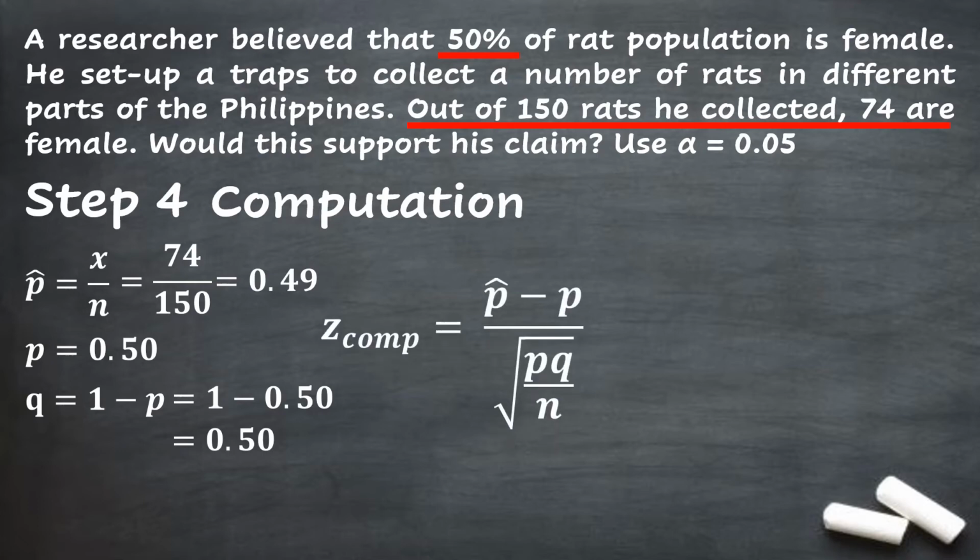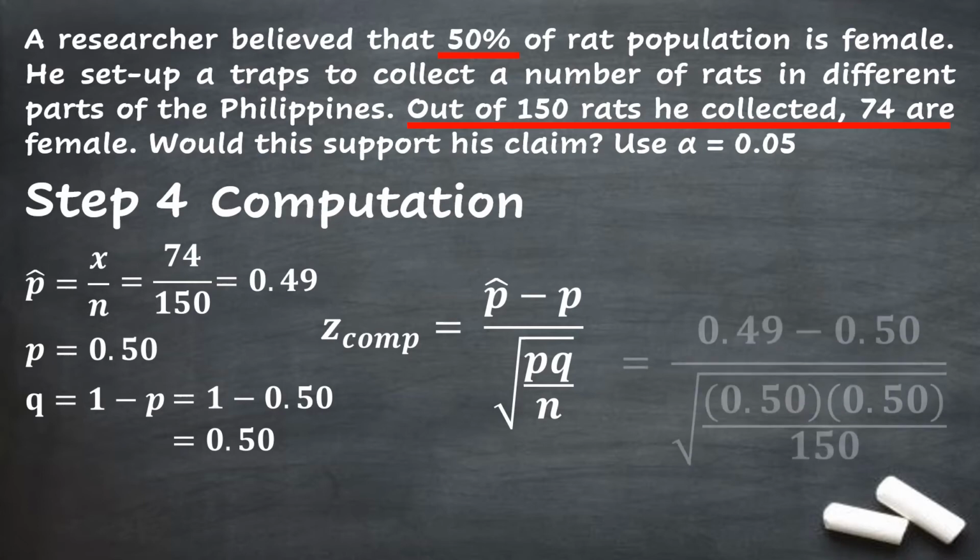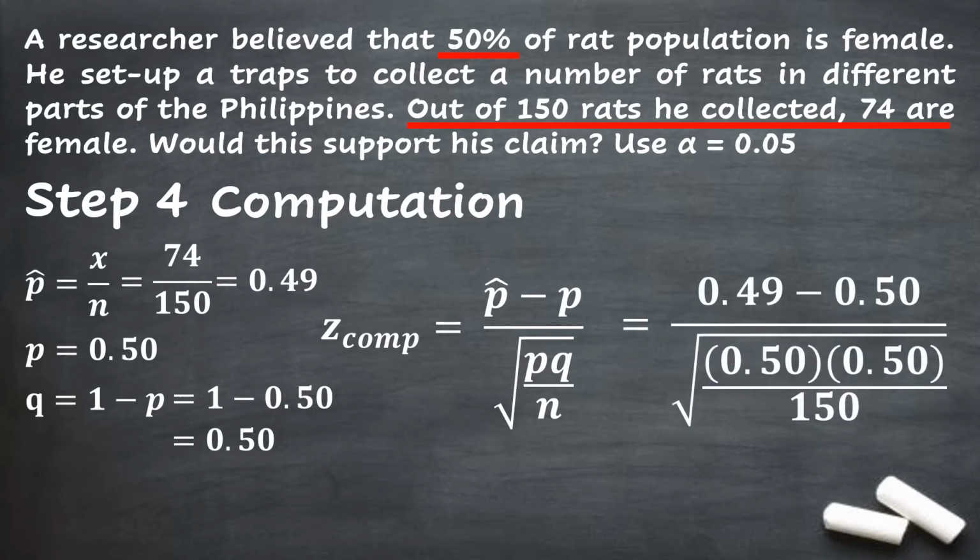Now that the values are complete, we can substitute in the given formula for z-test of proportion. Substituting, we'll have 0.49 minus 0.50 all over the square root of 0.50 times 0.50 all over 150.